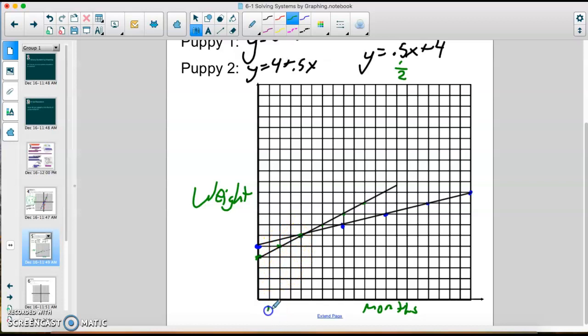After month 4, etc. All right, now we have to find the intersection point. We found it right here. And so our final answer is (4, 6). Now, what does this mean? After 4 months, the puppies will both weigh 6 pounds.